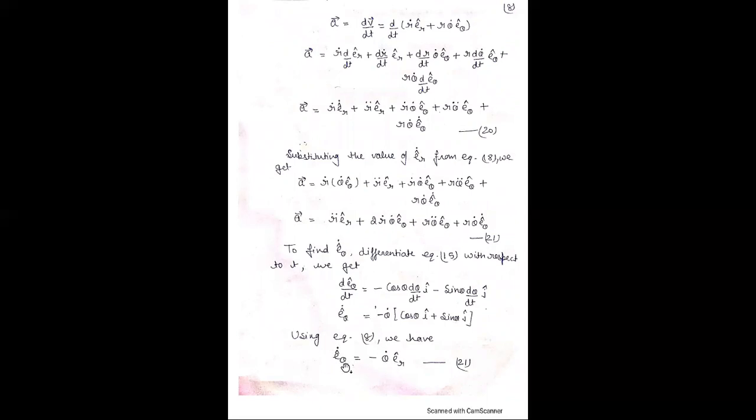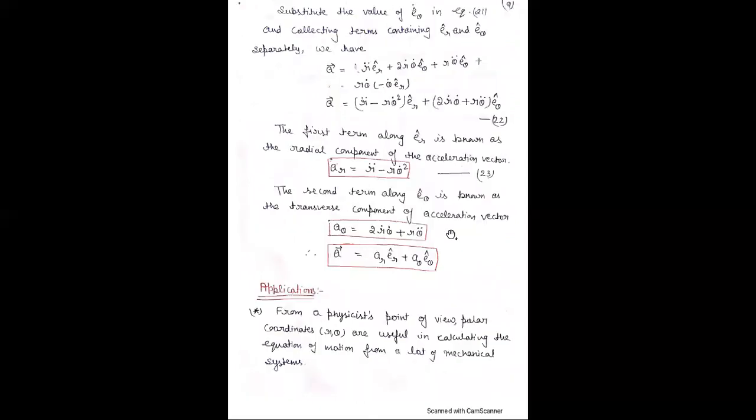Now, put this value into this equation, and the resultant equation, collecting the terms er and e theta, we get r double dot er cap plus 2r dot theta dot e theta plus r theta double dot e theta cap plus r theta dot, put the value of e theta dot, minus theta dot er.